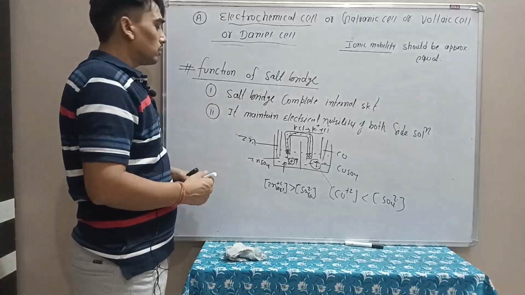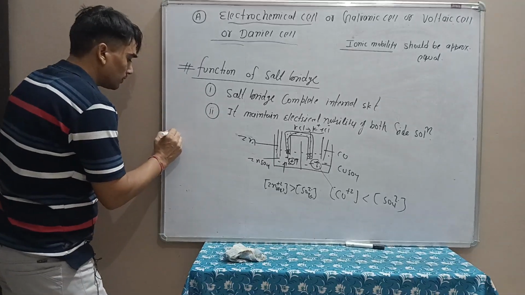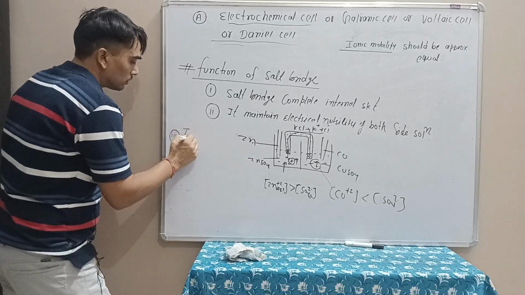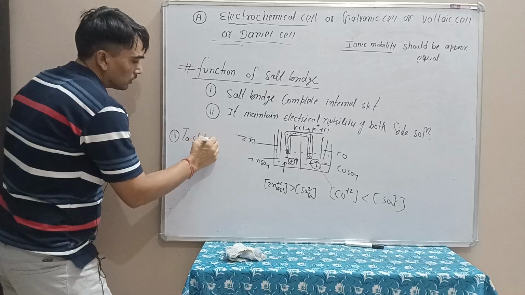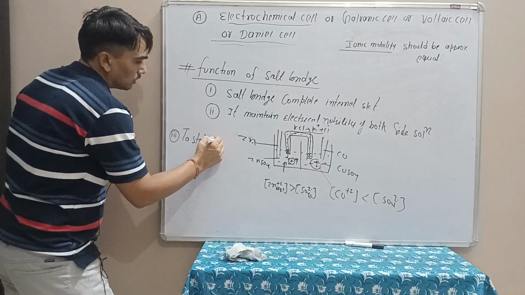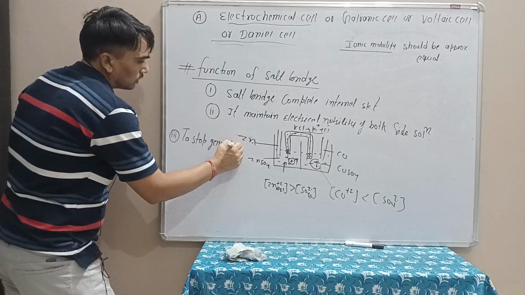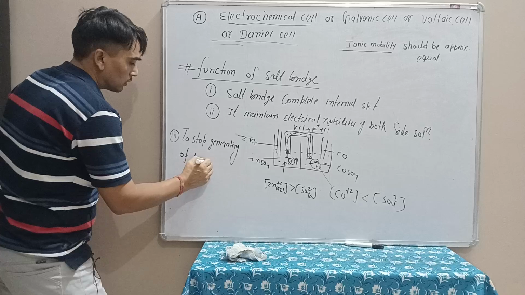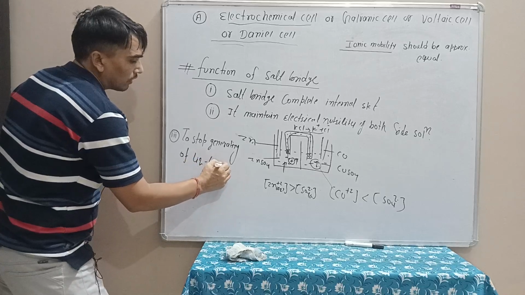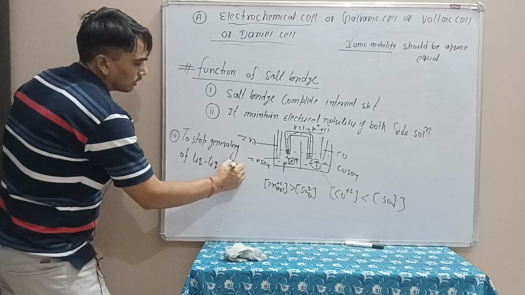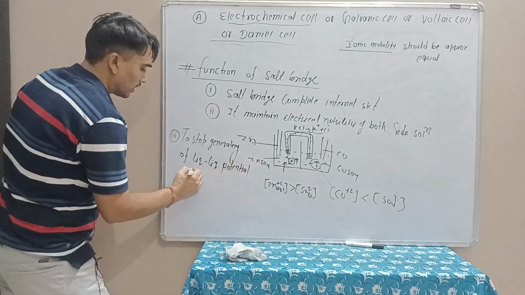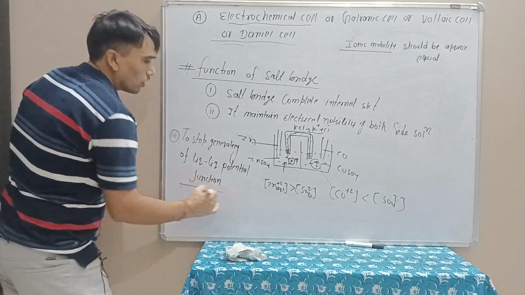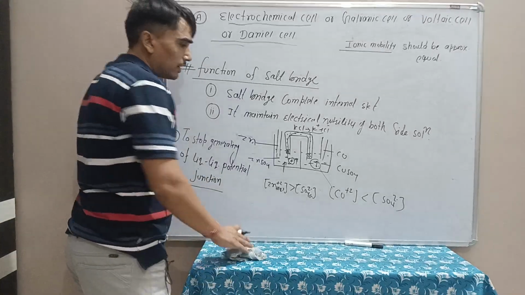And the last function, which is third, is to stop generating liquid junction potential. What is this? Let us explain it.